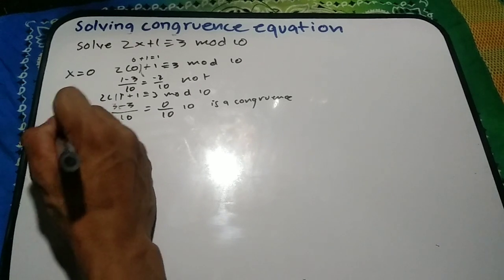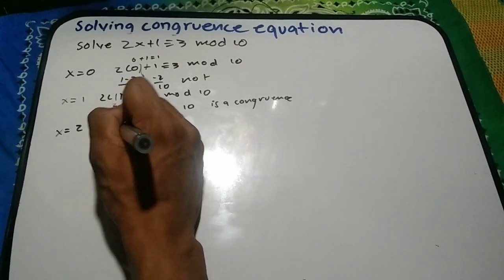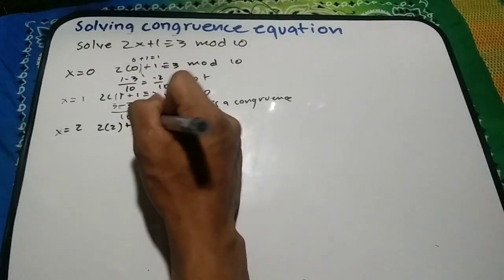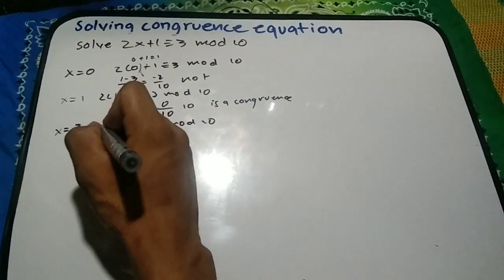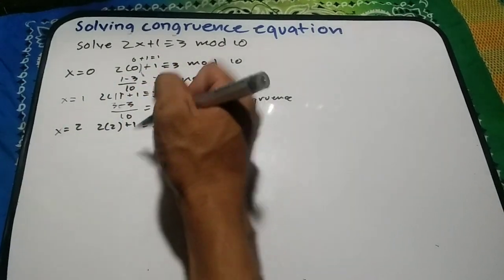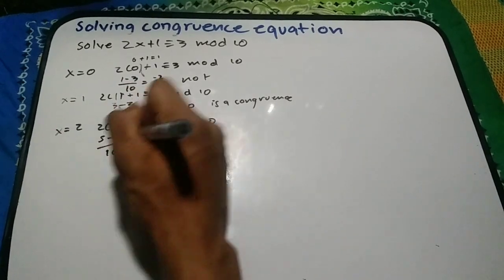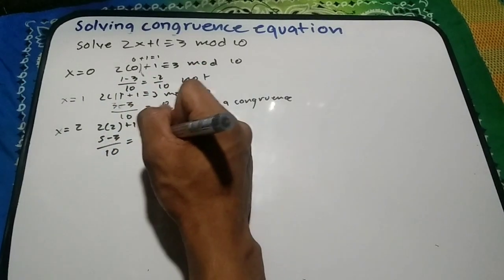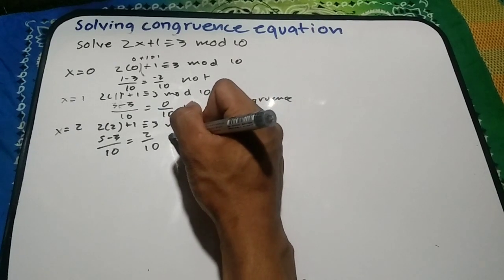If x is equal to 2, 2 times 2 plus 1 congruent to 3 mod 10. 2 times 2 is 4, plus 1 is 5. 5 minus 3 over 10 equals 2 over 10. So not a solution.